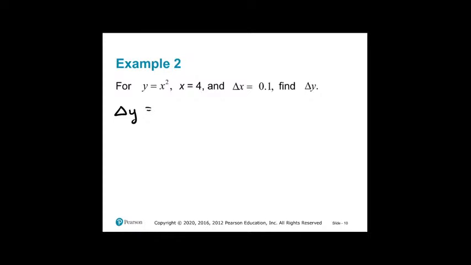So the second y is gonna come from 4 plus 0.01, so that's 4 plus 0.01 squared, minus the first y, which is just 4 squared. And then we should be able to get a number there. Hey Siri, what's 4.01? Nope, cancel.